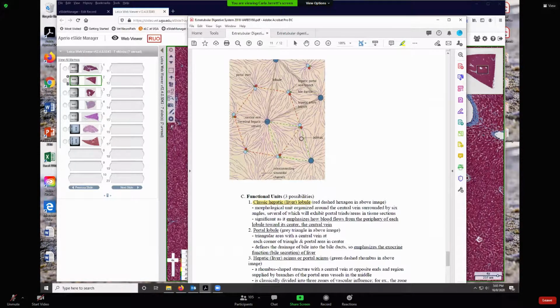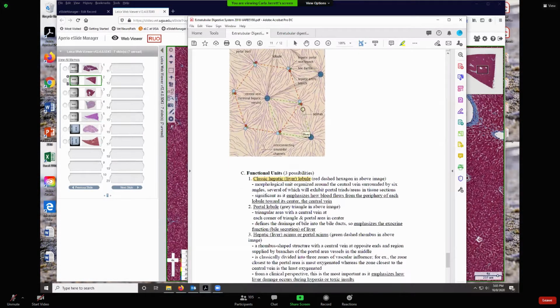And then the acinus describes blood flow in a manner that pathologists use, because you get more toxins delivered in this outer zone, less toxins here as the hepatocytes detoxify toxins, and less still yet here. So the amount of toxins decreases as you get towards the central vein, but the amount of oxygen decreases as you get towards the central vein.